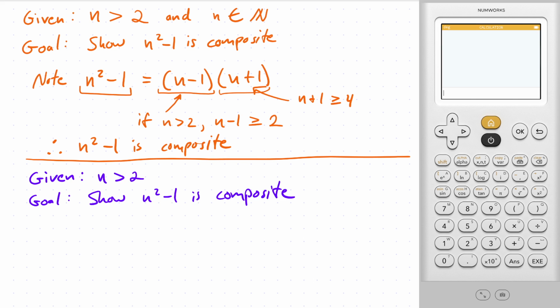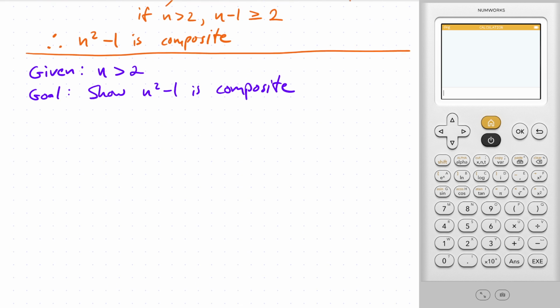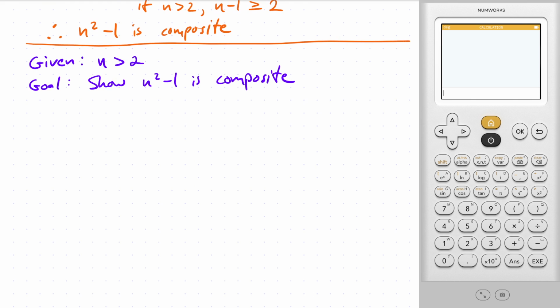Okay, so now instead of doing this algebraically, I want you to consider that we can represent n squared as follows. Let's go ahead and just use the dots on the dot grid paper here.